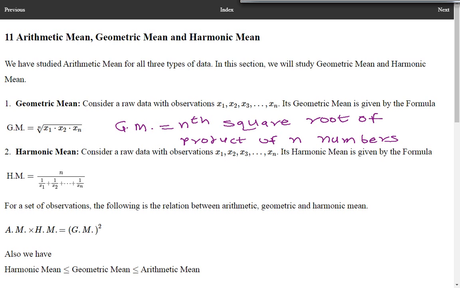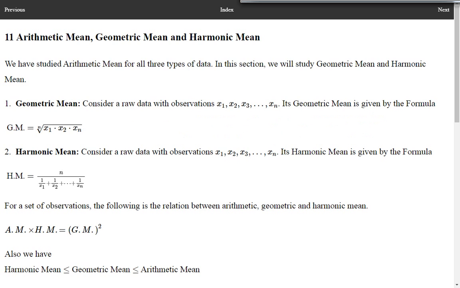For example, if we have two numbers, say x and y, then their geometric mean will be simply the square root of x times y. Okay, this is about geometric mean. Now let us see how to obtain the harmonic mean of n numbers.